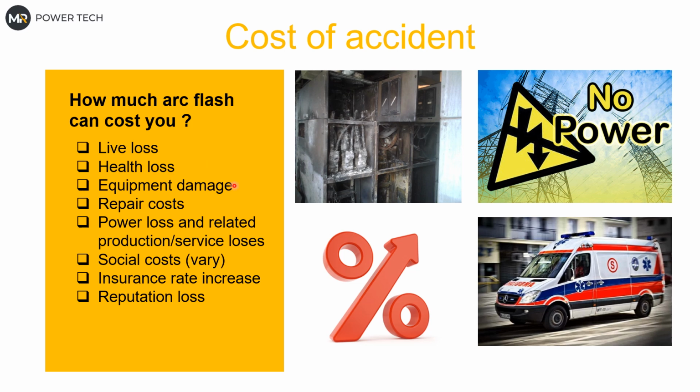We also have equipment damage, we can have repair costs, we can have power loss related to production costs, we have a social cost, so it depends how we as a society approach health and safety and medical treatment costs. It depends on the country, of course. Insurance rate increase, that's straightforward, and reputation loss. That is why it's very hard to find any videos or reports. No one would like to show it.